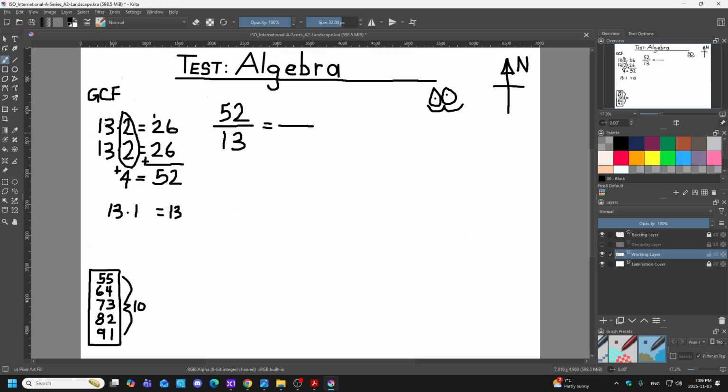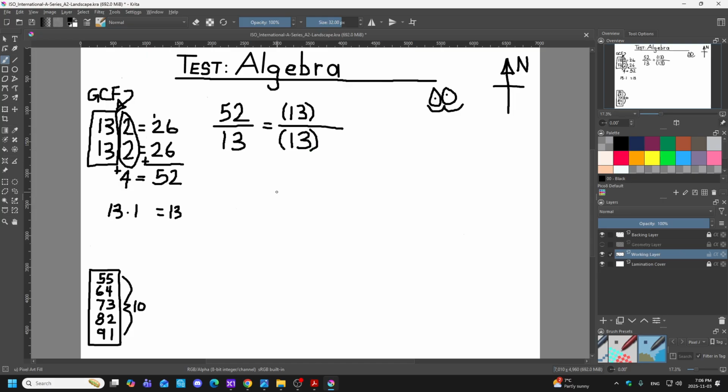We need the largest number that we can factor out of 52 and out of 13. That common number is 13. So 13 for our numerator and 13 for our denominator.